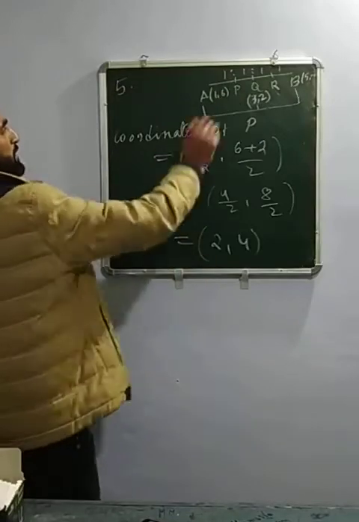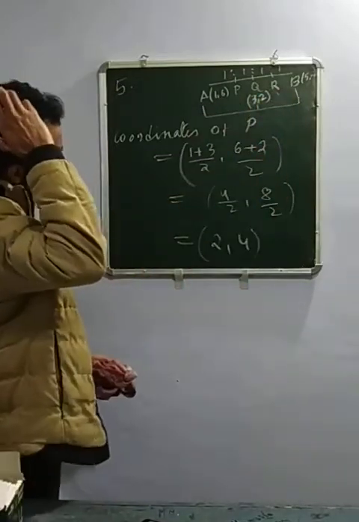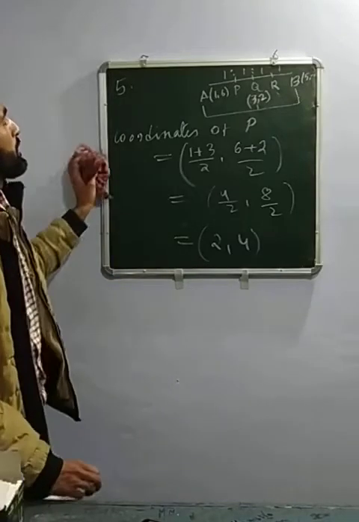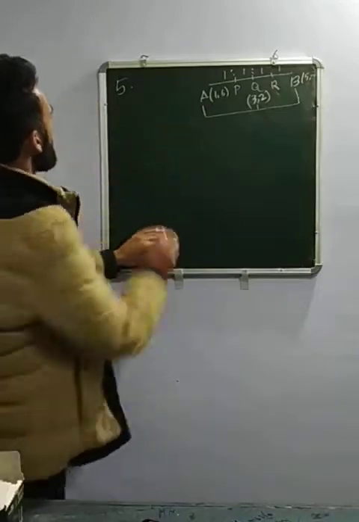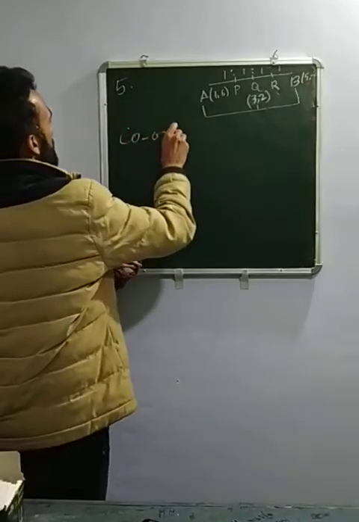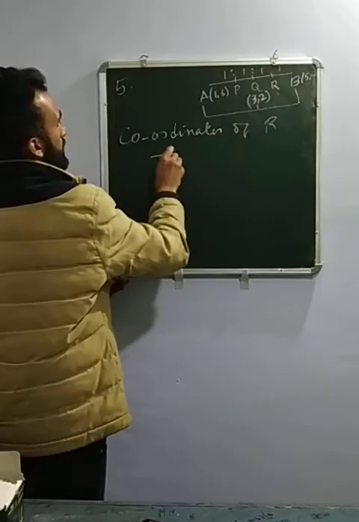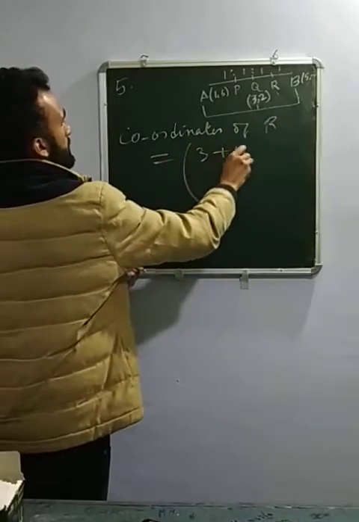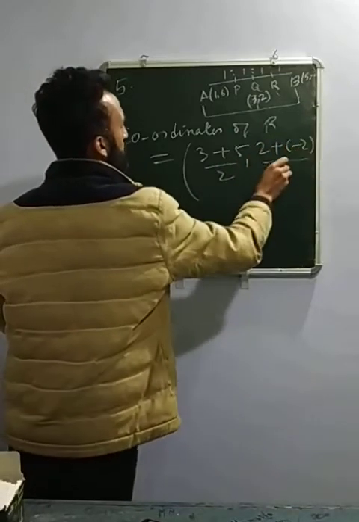So I don't need the coordinates of P to find out the coordinates of R. Not required. You can pause the video to note it down. Now I'll go to the coordinates of R. Coordinates of R is equal to 3 plus 5 divided by 2, comma 2 plus minus 2 divided by 2.